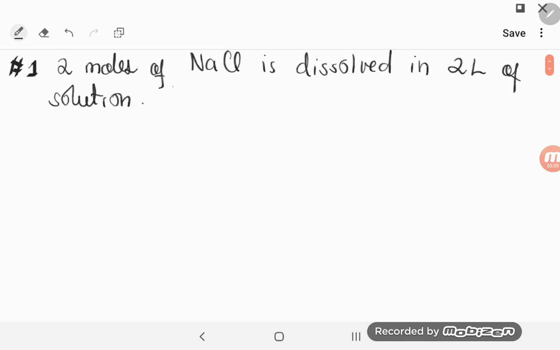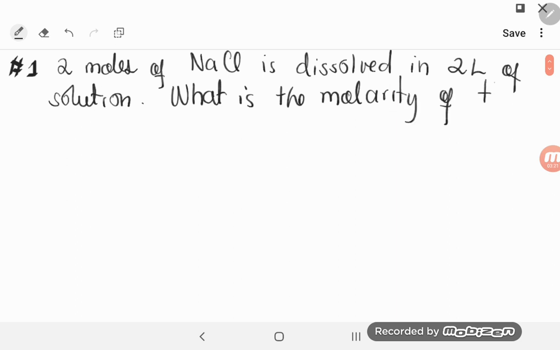What is the molarity of the solution? Okay, so let me just read once again the problem. Problem number 1. 2 moles of sodium chloride is dissolved in 2 liters of solution. What is the molarity of the solution?